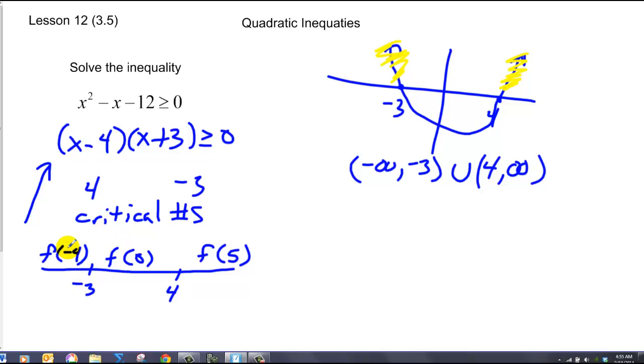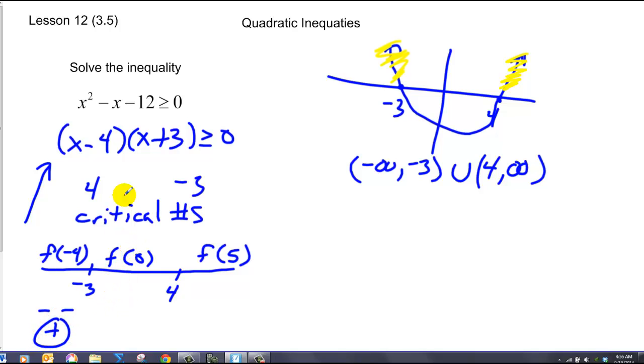Now, rather than finding the exact numerical value, I'm only concerned whether I have a positive or a negative value, because all I want to know is if it's greater than or less than 0. When I plug negative 4 into the factored function, the first term gets me a negative number, the second term gives me a negative number, and two negatives multiplied together are a positive.